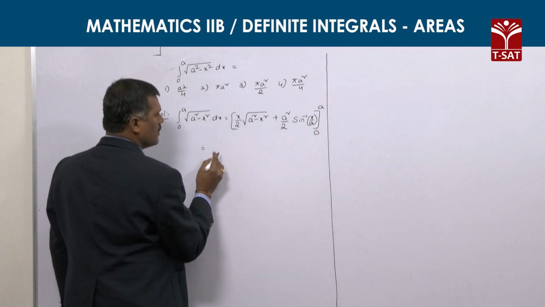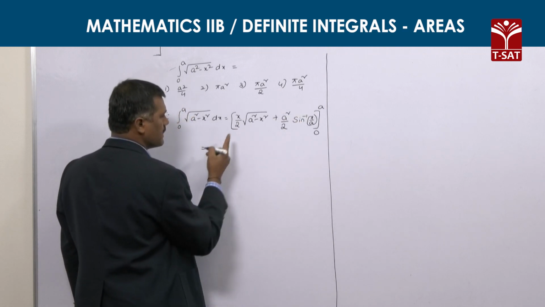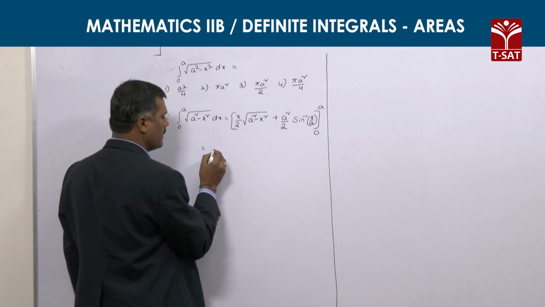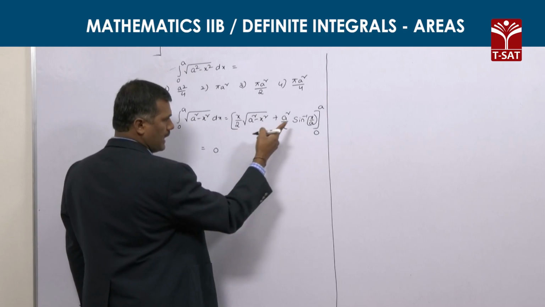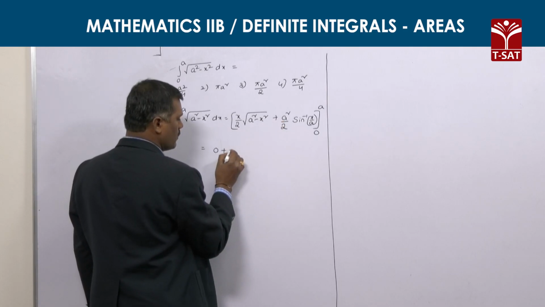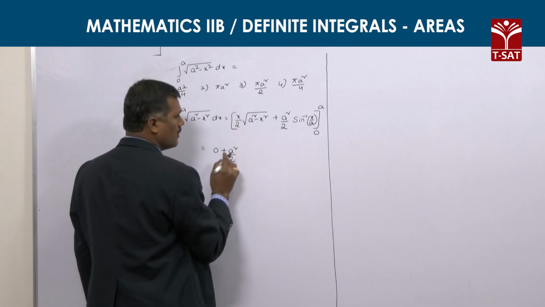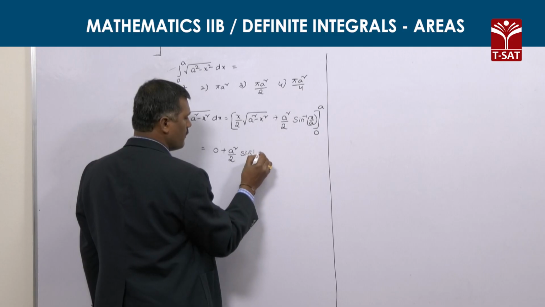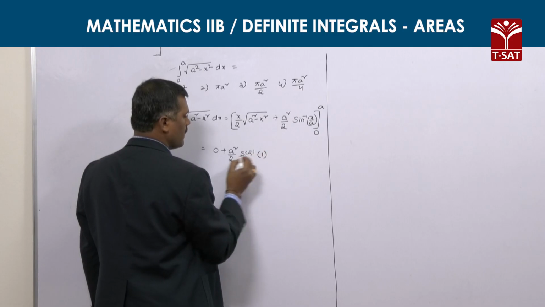First applying the upper limit, substitute a: a by 2 into root over a square minus a square, which is 0, plus a square by 2 into sin inverse of a by a, and sin inverse of a by a is 1.